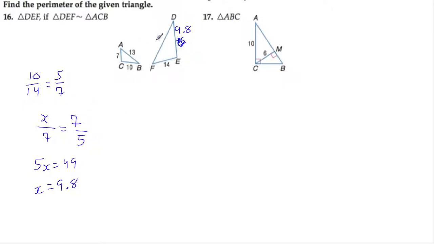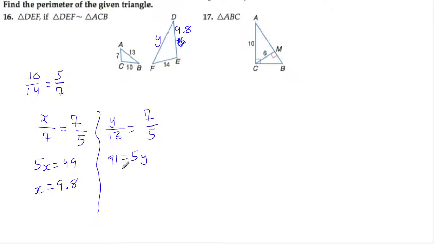Again, I can do the same thing with this DF, and I can see that that's proportional to AB. So y to 13 is equal to, again, I can do the same 7 to 5. And 13 times 7 is 91. So I get 91 is equal to 5y.